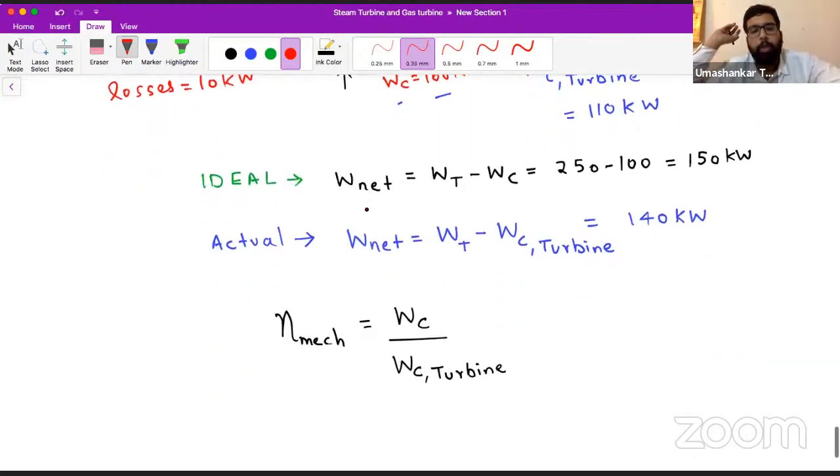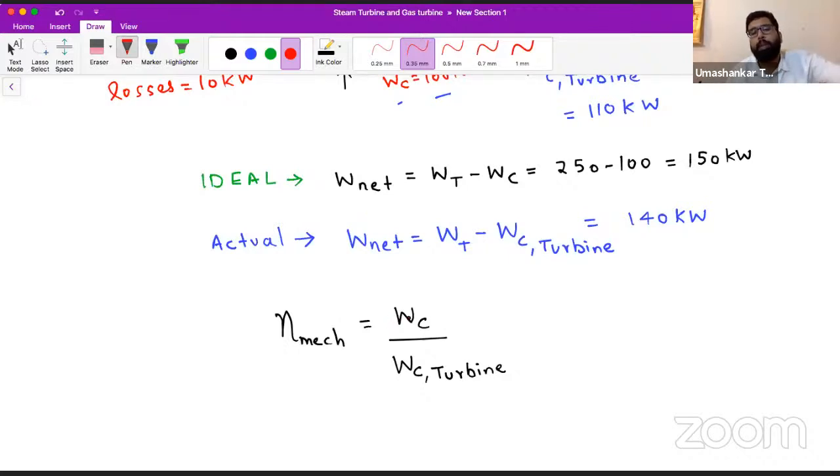So what is going to be your mechanical efficiency? Your mechanical efficiency is WC upon WC turbine, meaning what work is required at the compressor divided by what you are sending from the turbine.